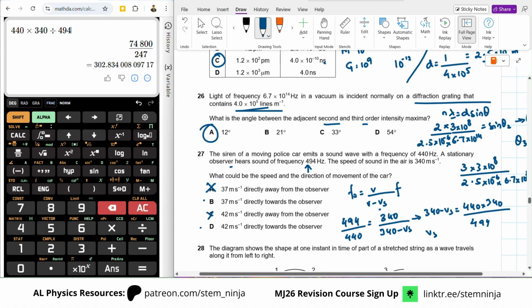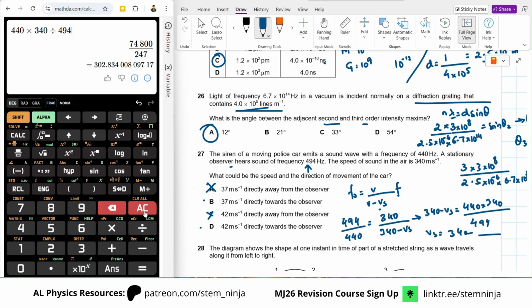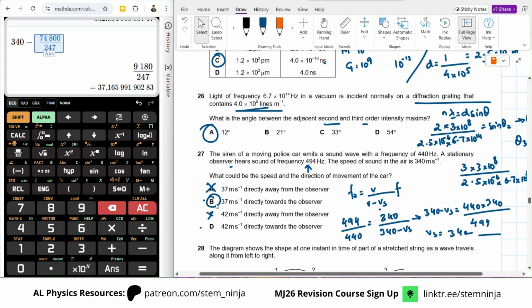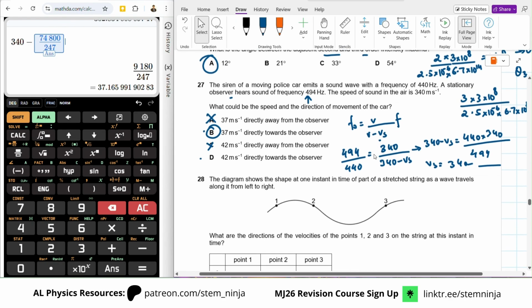And Vs would be 340 minus whatever the answer is. So 340 minus answer, this is going to be 37. So that would be B, towards the observer. All right.